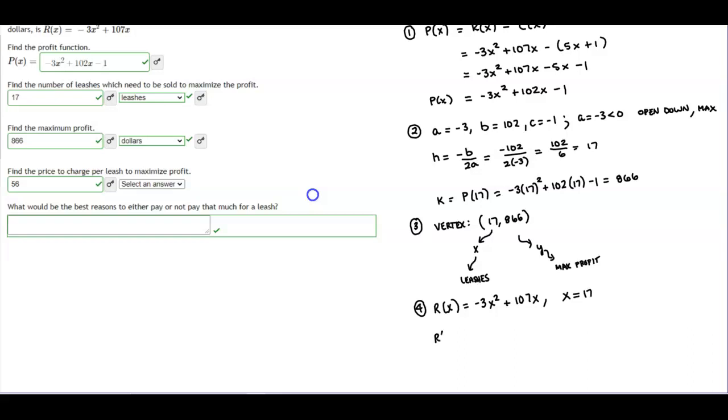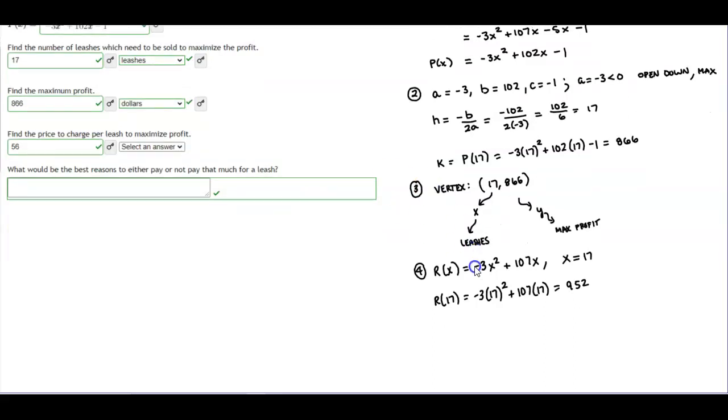So we're going to plug in R of 17 to get negative 3 times 17 squared plus 107 times 17. Okay, so when we plug that in, we get 952. So to find the price, we would take 952 and divide that by 17, which is going to give us 56. So this would be $56.